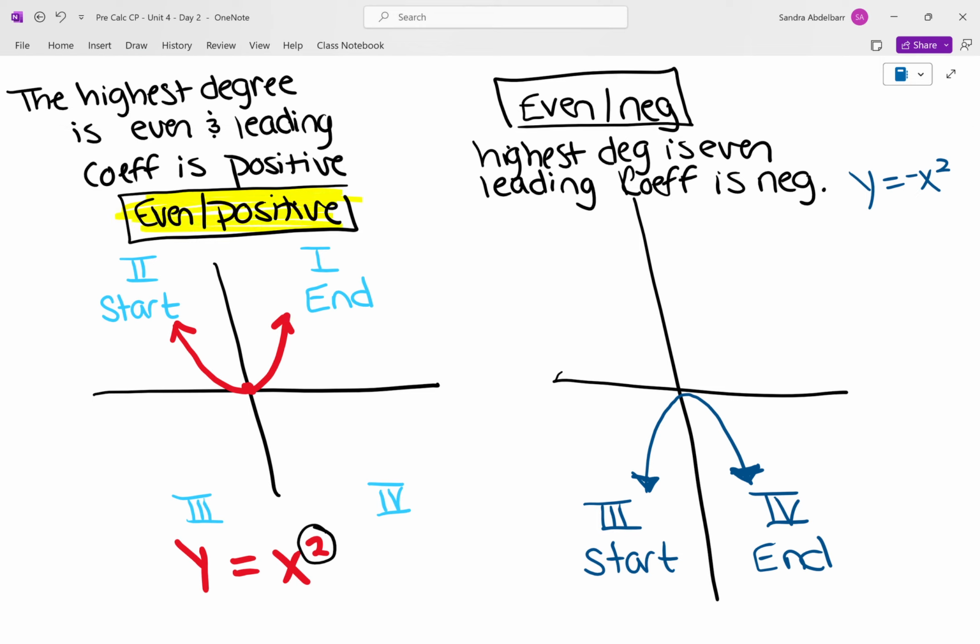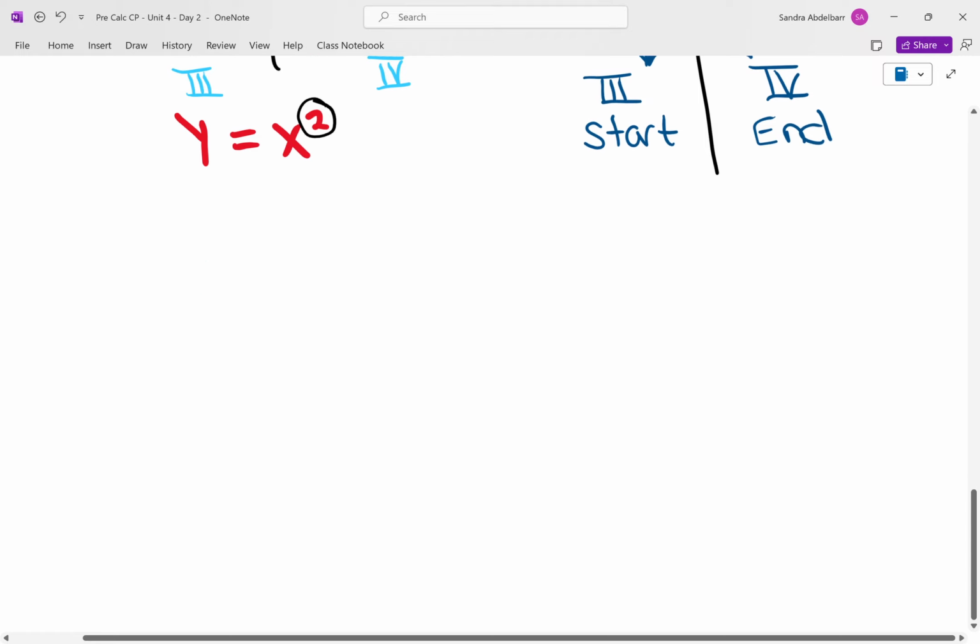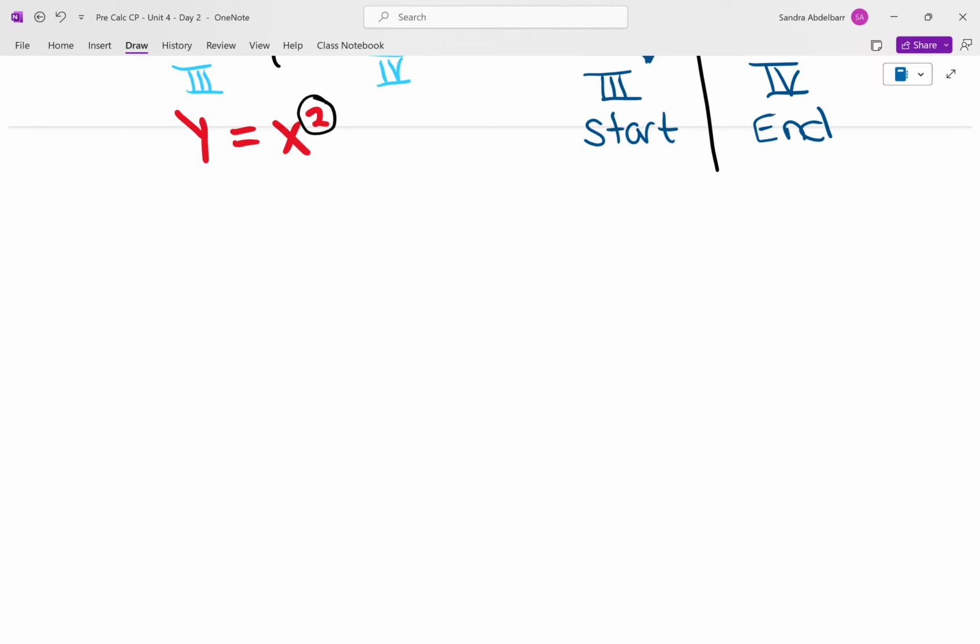So we did even positive and we did even negative. Now we're going to do odd positive. Okay, what does odd positive mean?